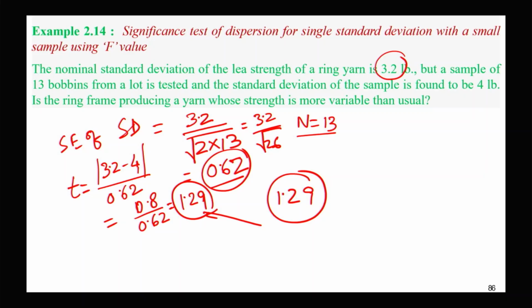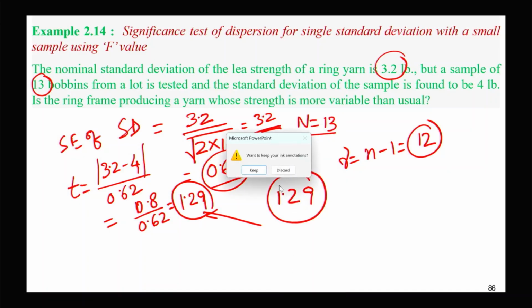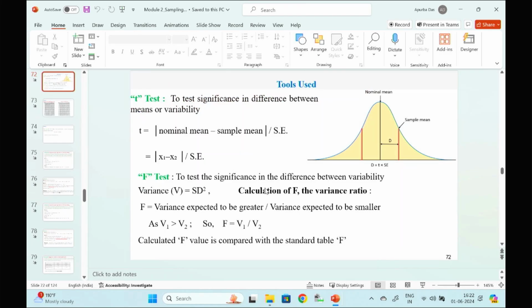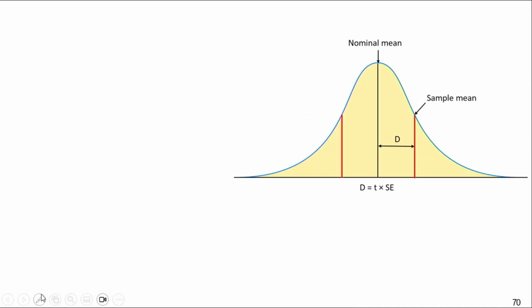What we have to do is check the T value against the degree of freedom n minus 1, that is 12. So 1.29 is our value. Let us see the t value in the table.